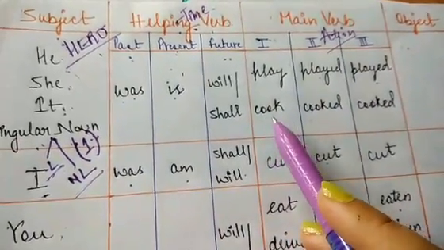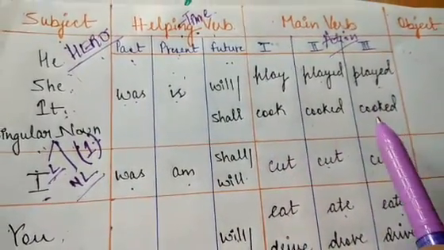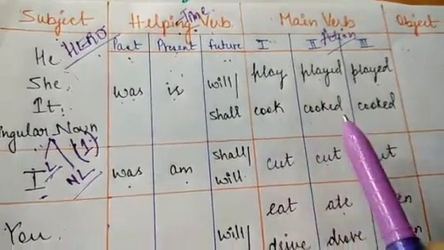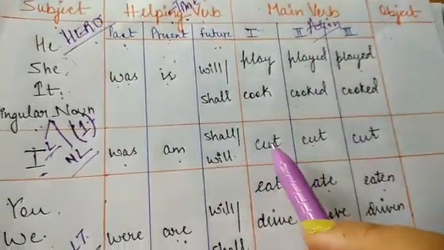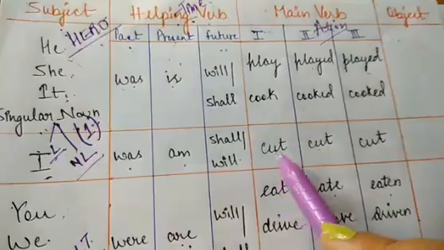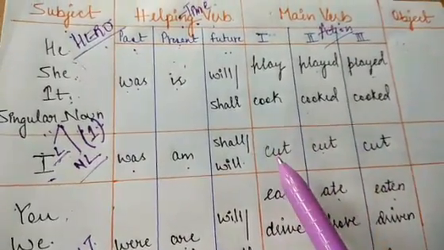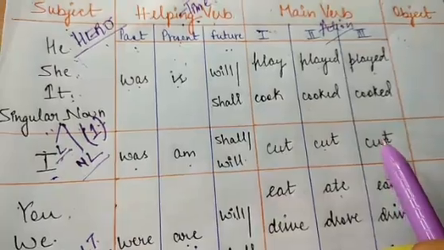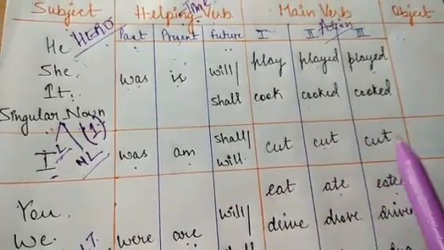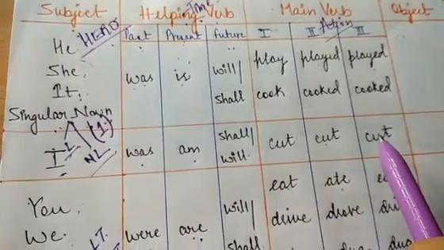Study, studied, studied. Listen, listened, listened. We also have some main verbs which remain the same throughout all the forms, like cut, cut, cut. We also have put, put, put, and so on.